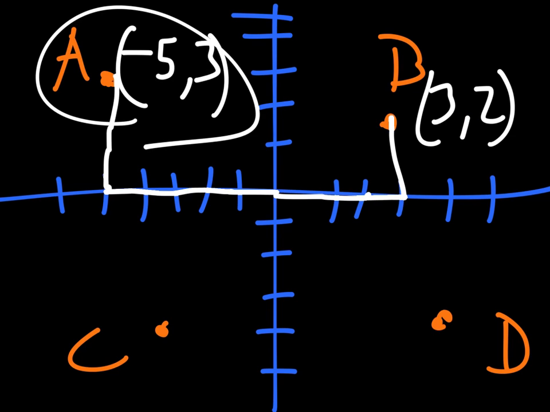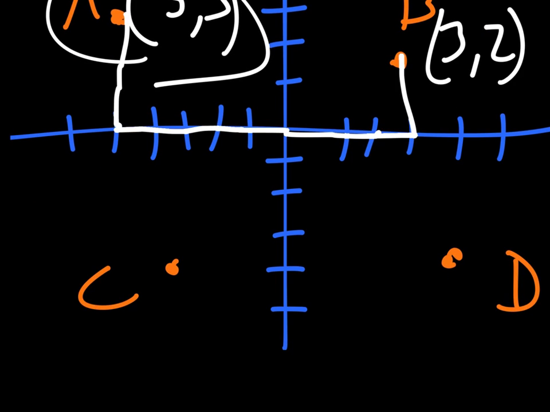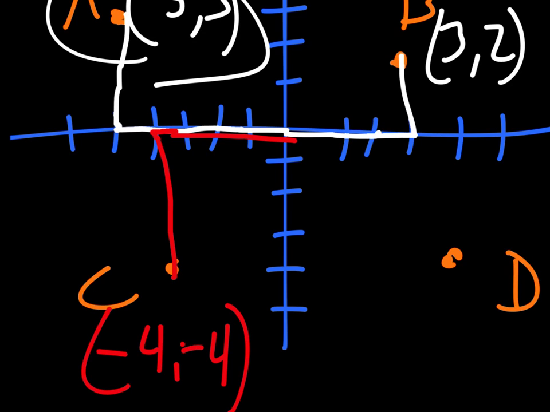All right? Here's another one. Let me do a different color. Let's use red-ish. 1, 2, 3, 4. So this one is going to be (-4, -4). It is essential that you put the negative signs, otherwise you will end up at a different point.